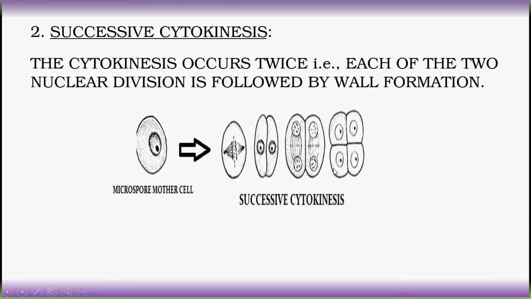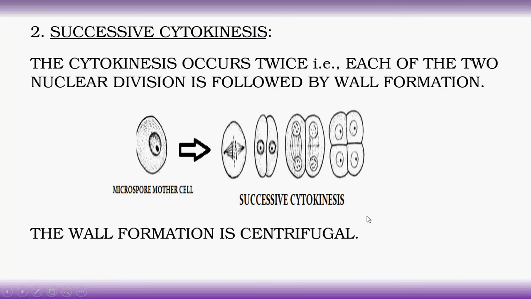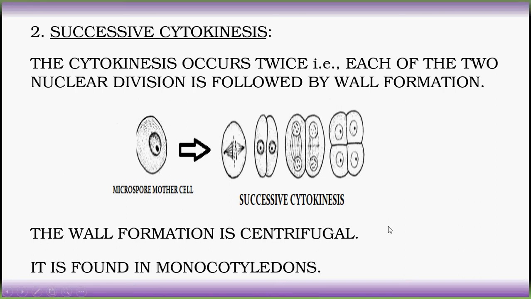This type we call successive cytokinesis. And the wall formation in this cytokinesis is called centrifugal, which means the wall initiation starts at the center and extends to the peripheral wall. And this successive cytokinesis occurs in monocots.